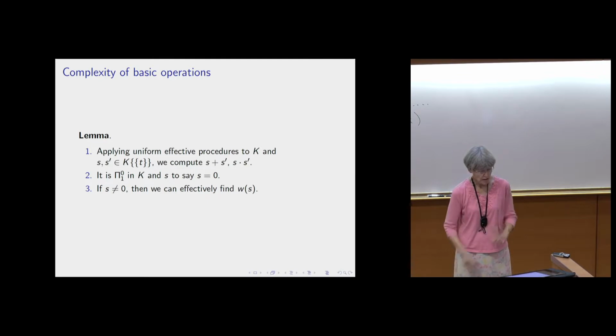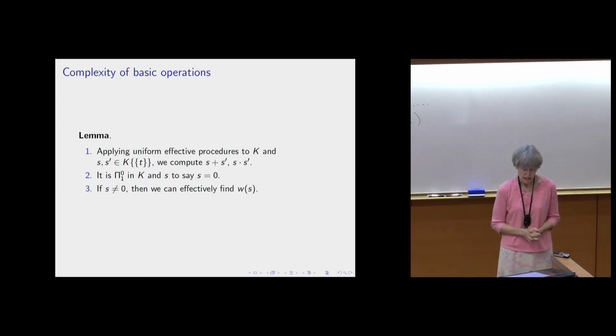Okay, so what about the complexity, even just of basic operations in the field of Puiseux series? So there are uniform effective procedures that we could apply once, given k and given two elements of k((t)), these functions s and s prime, we can compute a representative for s plus s prime.